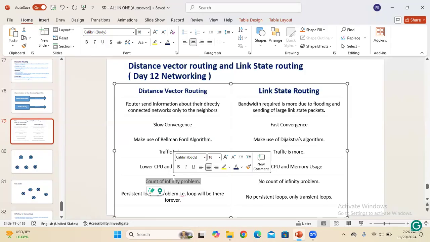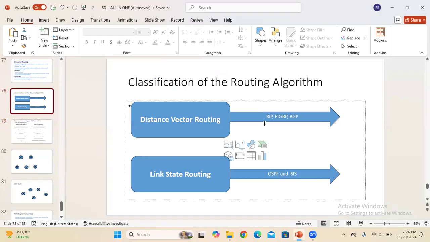That's why one has slow convergence and the other fast convergence. Distance vector uses the Bellman-Ford algorithm, which I already explained: how they calculate the distance to a destination, and if not directly connected we count it as infinity, and if router E doesn't have the information, it sends it to its directly connected neighbor. Link state uses the Dijkstra algorithm, that is, shortest path first. The best examples of distance vector are RIP, EIGRP and BGP, and of link state are OSPF and IS-IS.